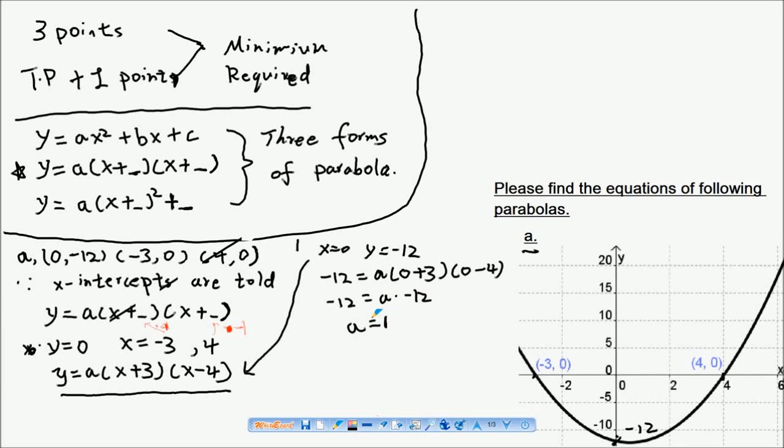Our solution is y equals (x plus 3)(x minus 4).